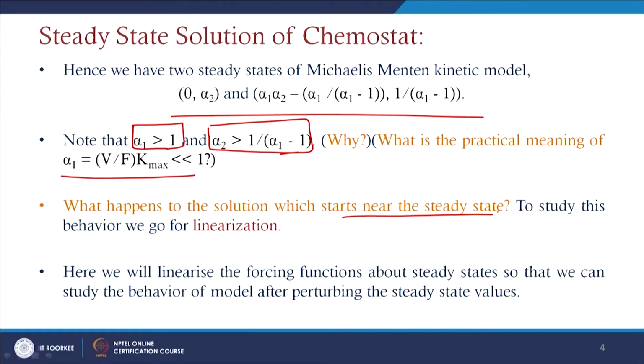If we linearize the forcing functions about steady states, we can study the behavior of the model after perturbing these steady state values. If we perturb these values, it will have an influence, or after a certain time we will have a fixed value that can be considered the steady state or critical value.